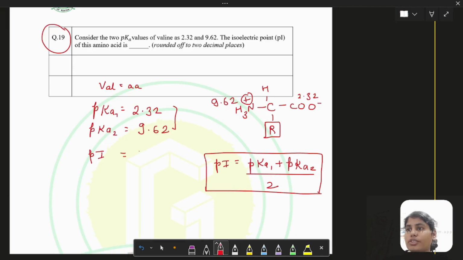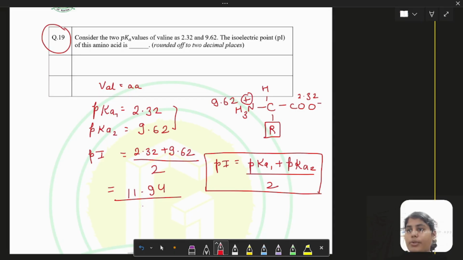So we put in the values: 2.32 plus 9.62 divided by 2. This is easy math because you can solve it without a calculator. In the examination hall there is a hurry, so you use a calculator, but we are relaxed and solve this without one.